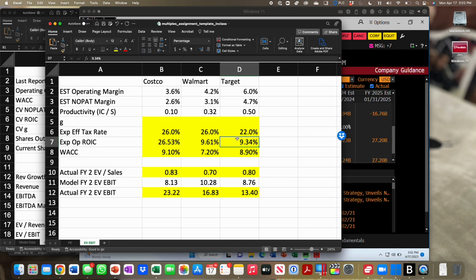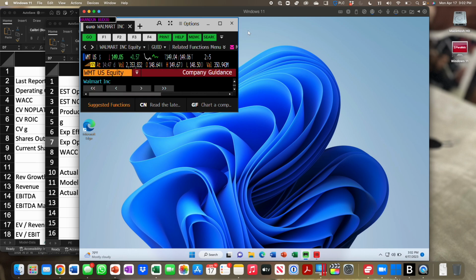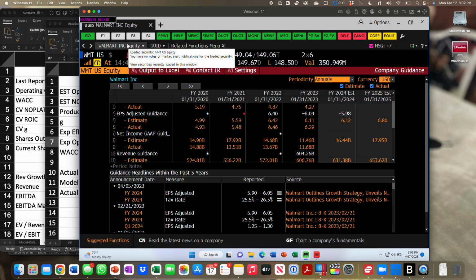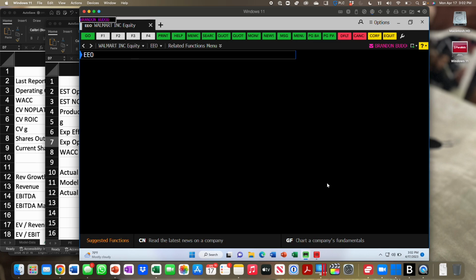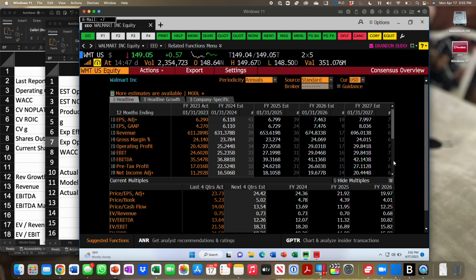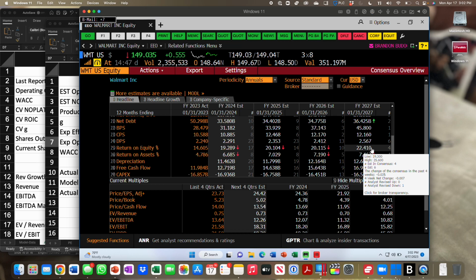Generally, for these companies, what you're going to realize, and I'll do Walmart as an example, when you did the EEO for Walmart, similar to the EEO for Costco, the ROEs for Walmart were pretty stable. 19, 20, 20, 22. Okay? Target's going to look the same way. They're pretty stable.